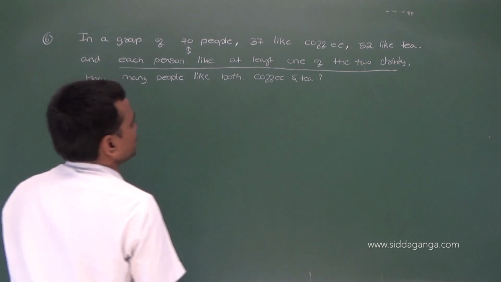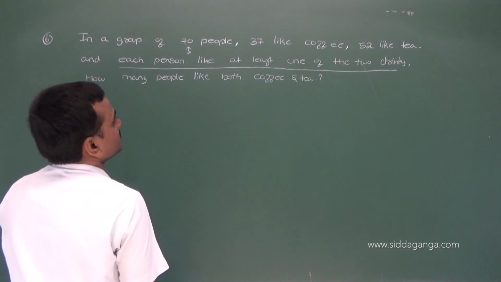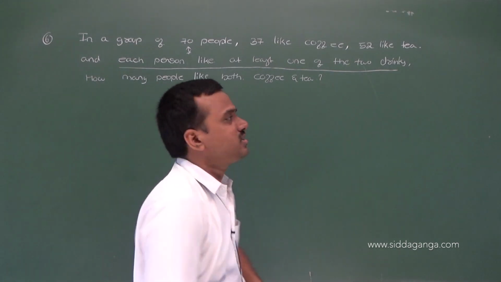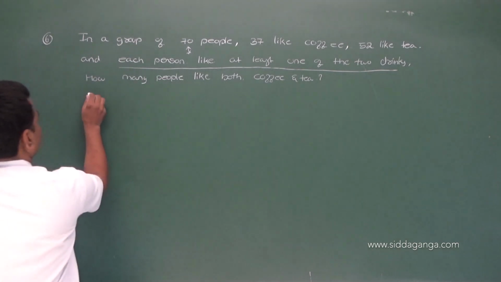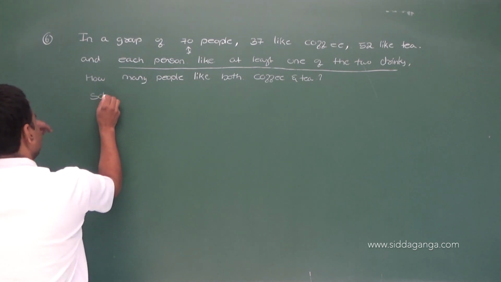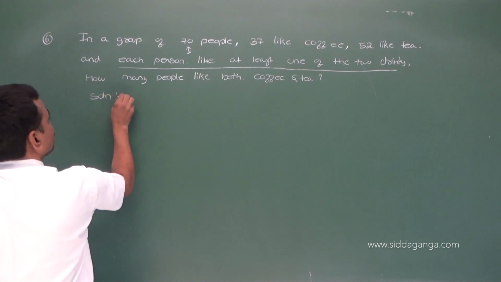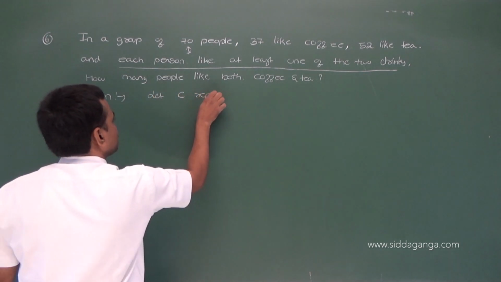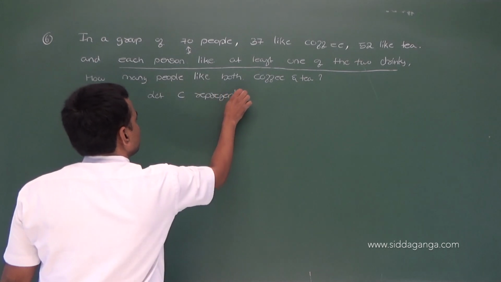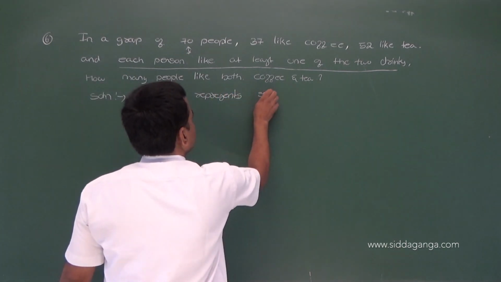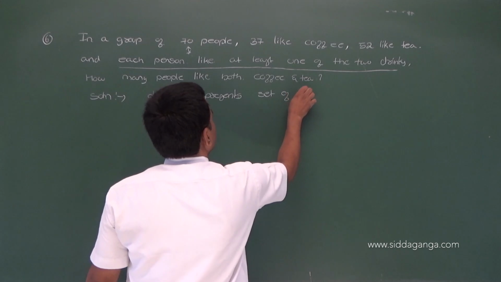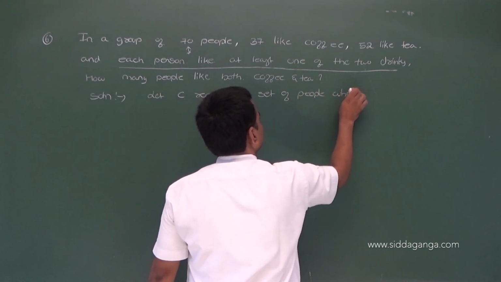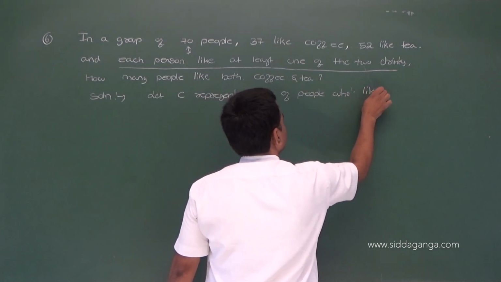Okay, what do we do? We write the representation. We have to represent the sets. For coffee, I represent the C set. For tea, I represent the T set. Solution. Very simple question. Let C represent the set of people who like coffee.